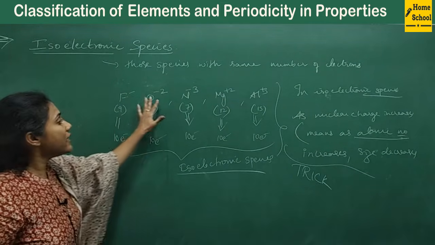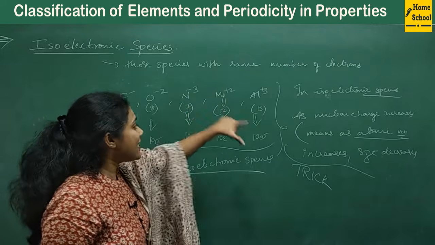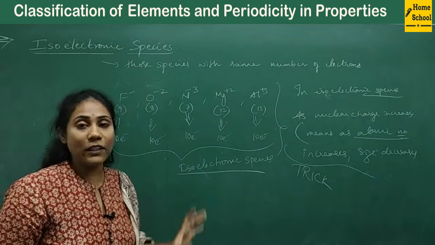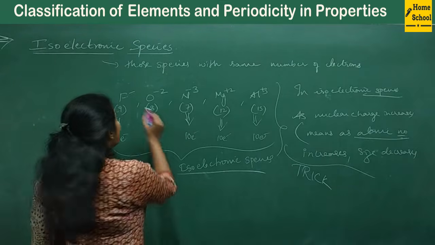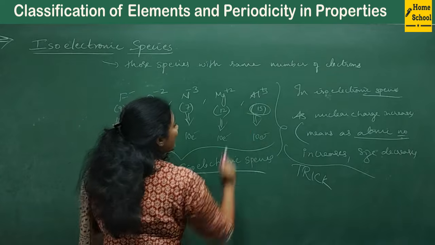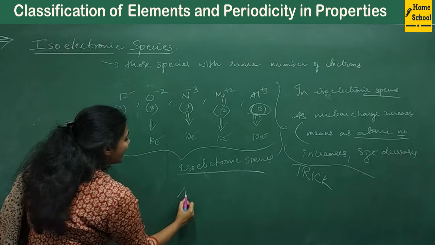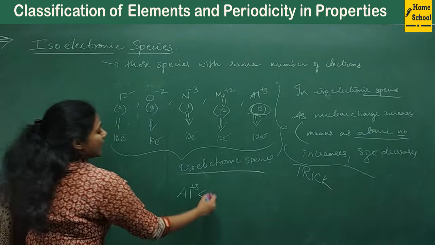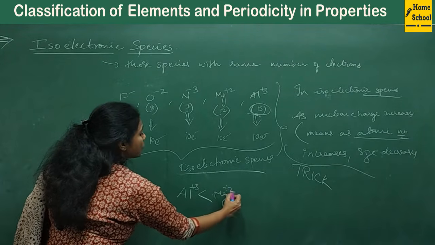So now can you decide who is lesser in size? Which one has less ionic size? Just check the atomic number. Maximum atomic number is for Al plus 3. So Al plus 3 is least in size, then Mg plus 2.